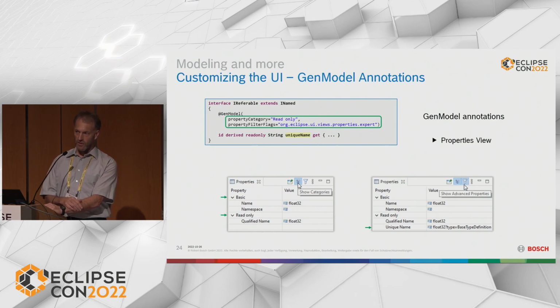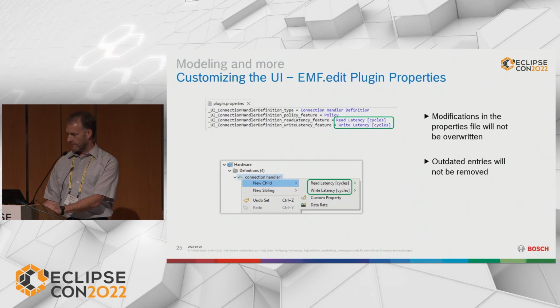Internally, the way we refer to objects is always the name plus type. You can also customize the UI and give more information if you modify this plugin properties file. It's a very easy way to do it.